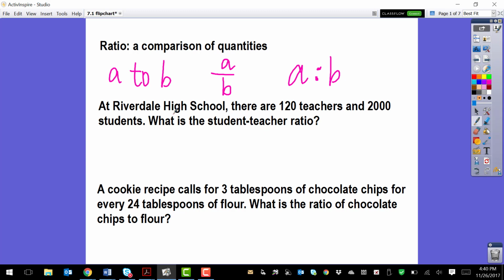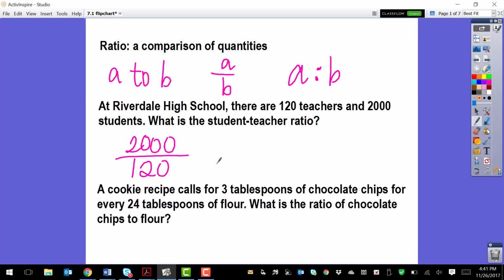So the way that we would use a ratio is in an example. For example, at Riverdale High School, there are 120 teachers and 2,000 students. What is the student to teacher ratio? We're going to compare the number of students, which is 2,000, to the number of teachers, which is 120. I could have written this ratio any of the three ways; I just chose to do the fraction.